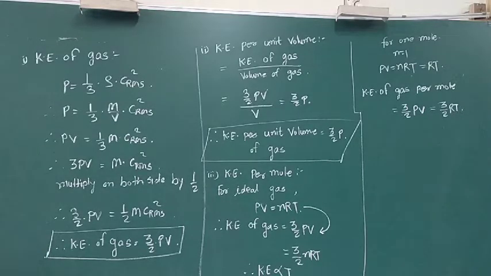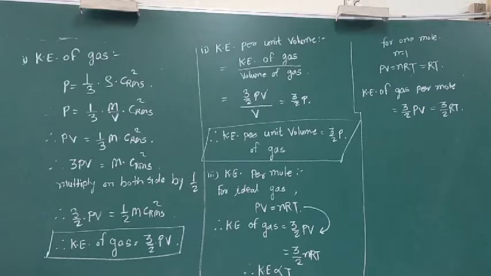Now I can revise again how to find the kinetic energy of gas. We know the formula for pressure: P is equal to 1 by 3 rho CRMS square. Substituting the density as mass upon volume, P is equal to 1 by 3 m upon V into CRMS square.